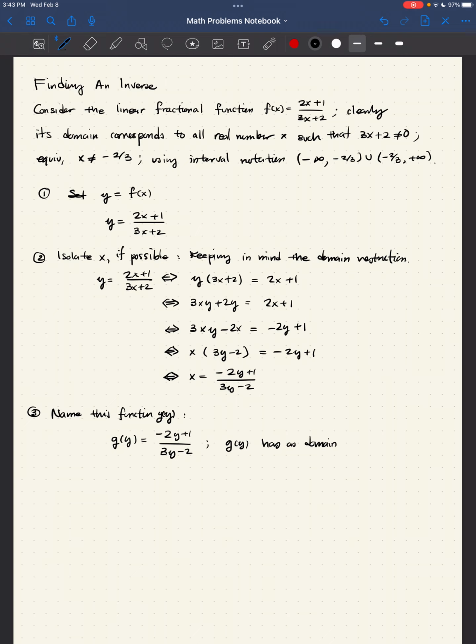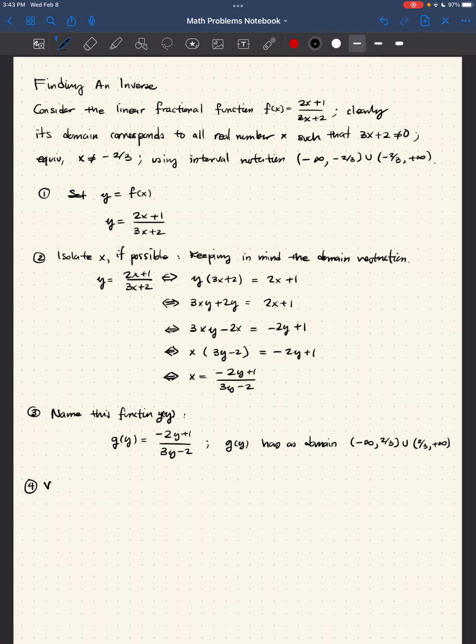In other words, that would be exactly those numbers that are different from 2/3, which we can write using interval notation as negative infinity to 2/3 union with 2/3 up to infinity, excluding 2/3. Well, one more thing that is left for us to do corresponds to a verification step.